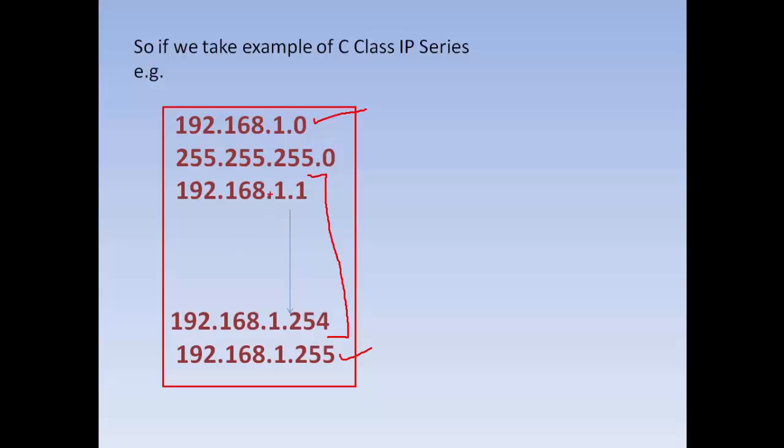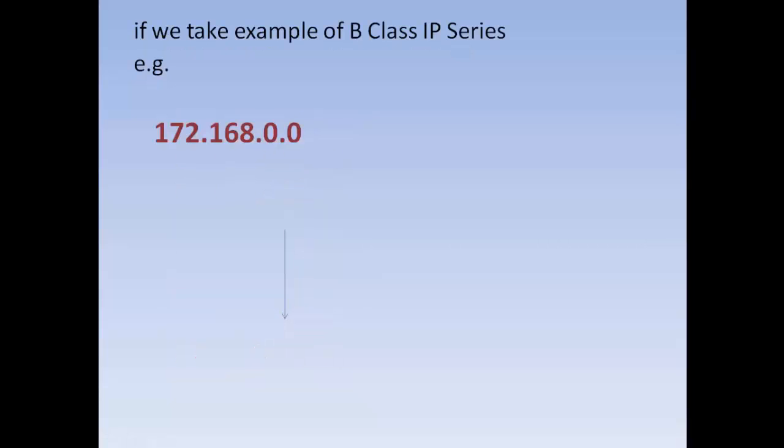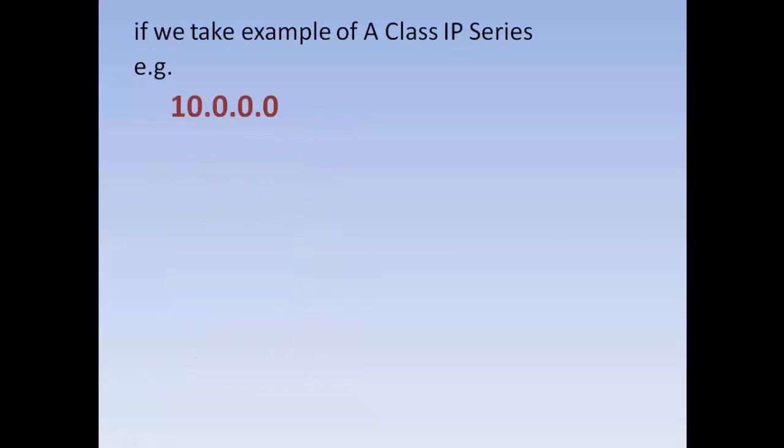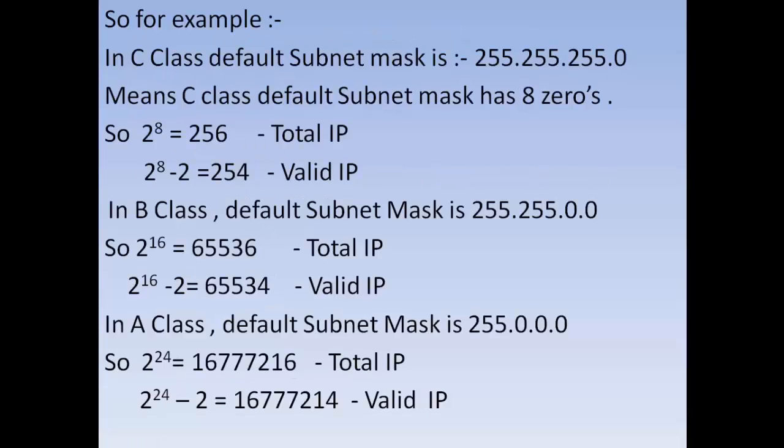So if I configure all these IPs in a simple way as they are, all the machines come under a single broadcast domain. Any machine in this network that creates a broadcast packet sends it to all the machines, meaning all the 254 devices. If we go to B class, as I've told you, in C class the maximum can be 254 valid IPs.